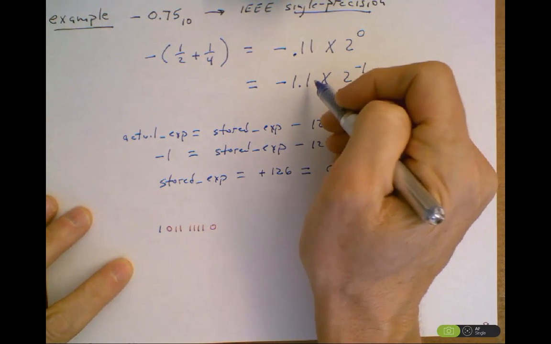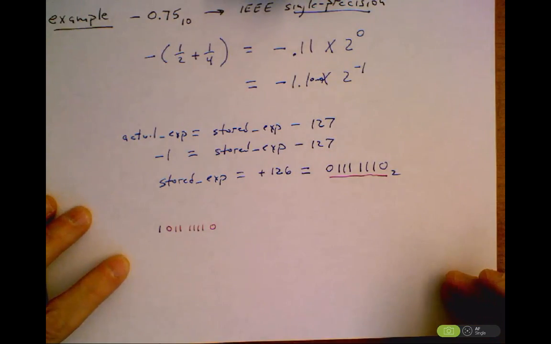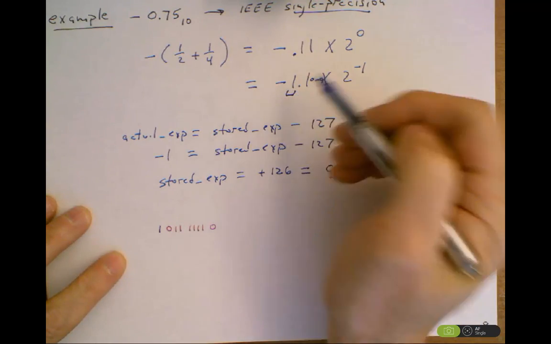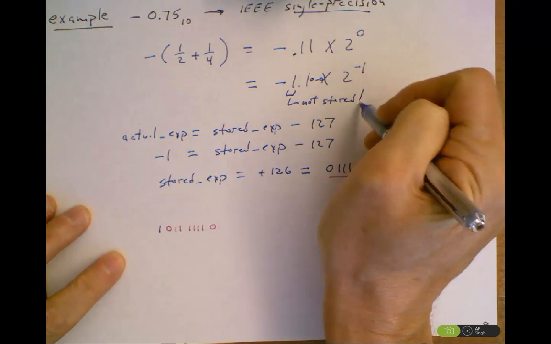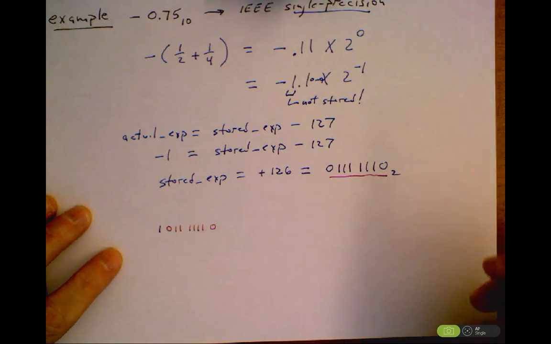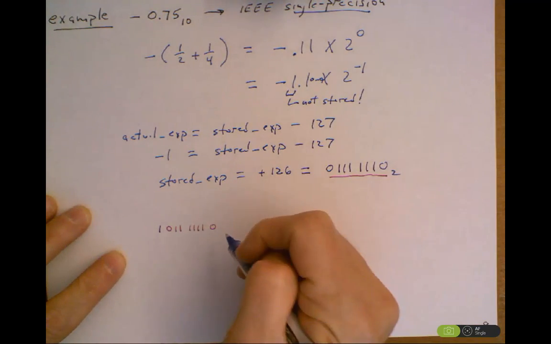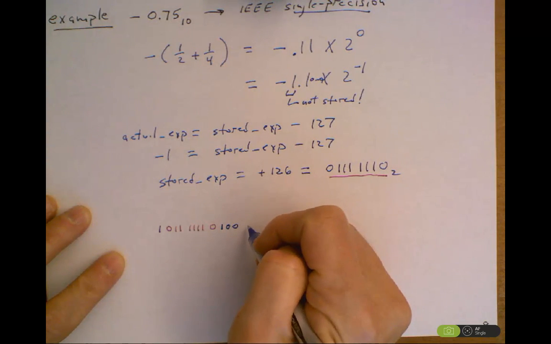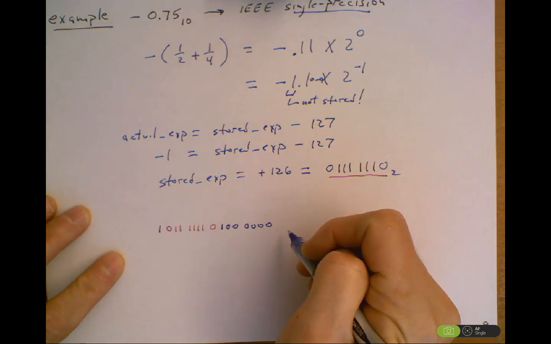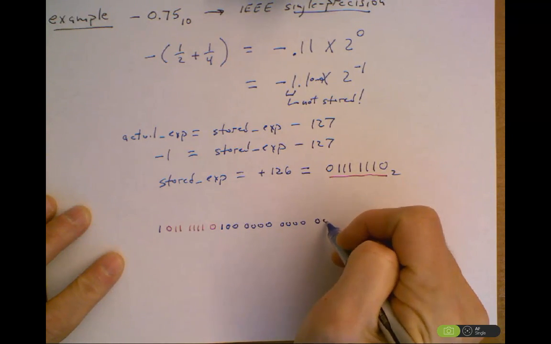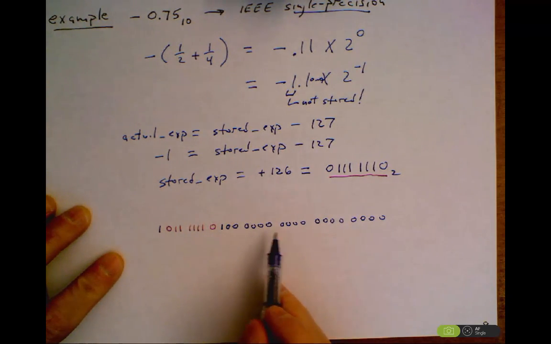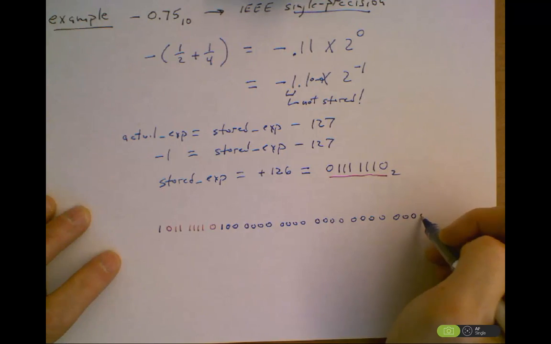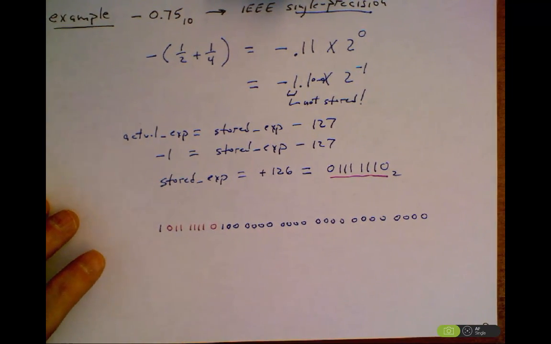Remember, there's a bunch of zeros in here, and this leading 1 does not get stored. So I'm going to copy in the significand bits to the right of the radix point, and that is a 1 bit, and then the rest of the significand is zeros. And I've got to get out to 32 bits. How am I doing? 1, 2, 3, 4, 5, 6, 7. I need 4 more bits out there. Okay.